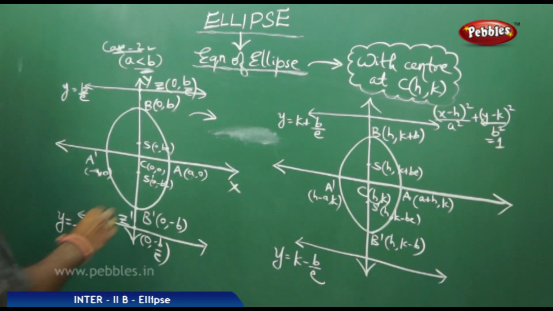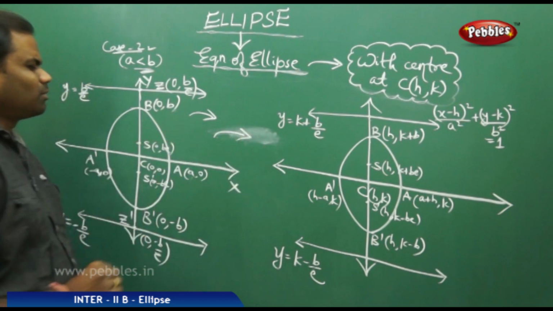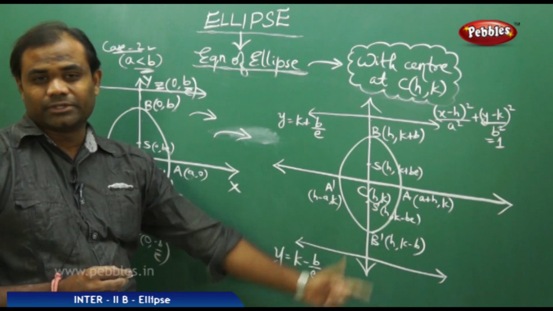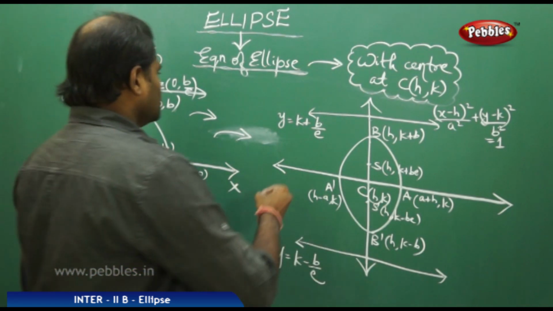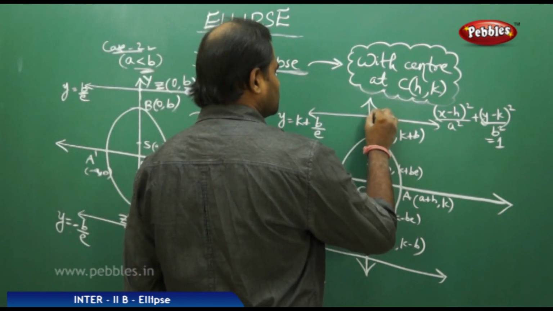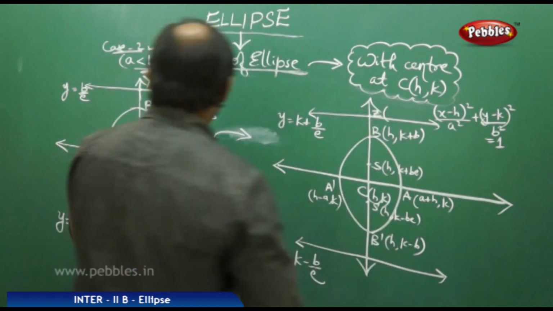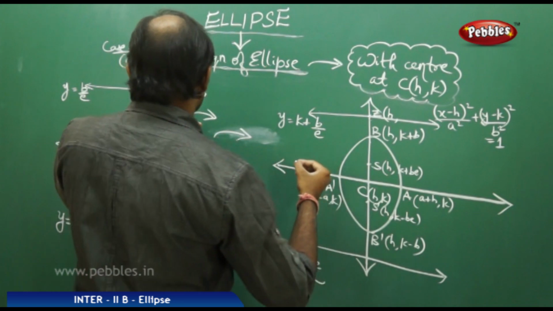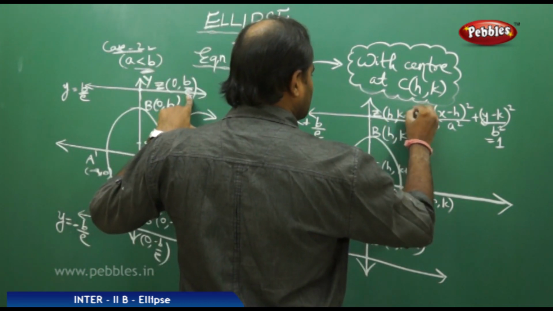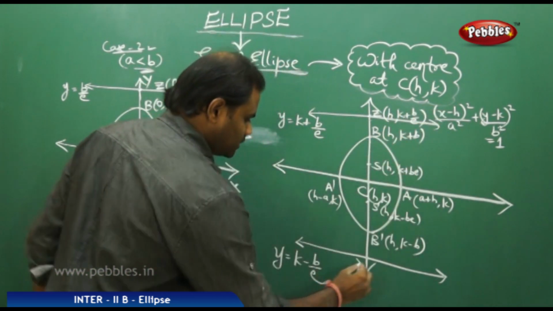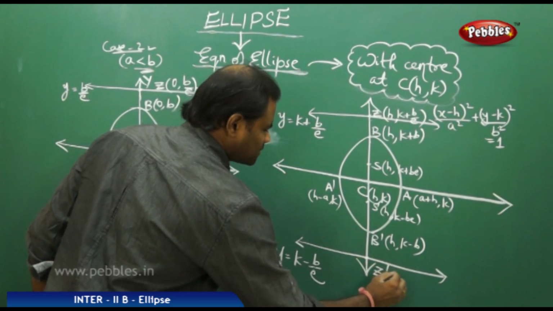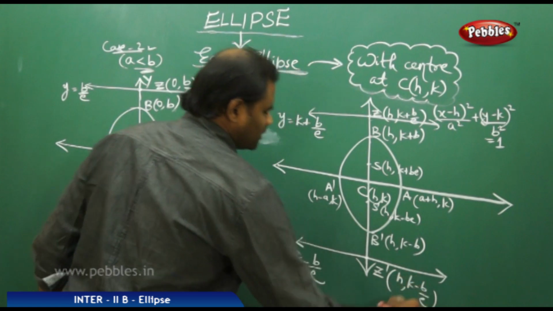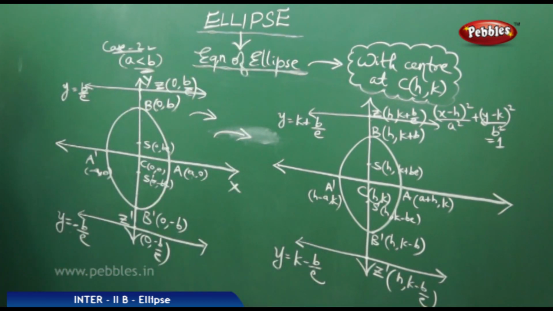This is how I see each of the properties getting transformed from the standard form to the transformed equation of the ellipse. Similarly, my Z, which is given by the coordinate (0, b by e), becomes (h, k plus b by e), and here my Z dash is (h, k minus b by e), strictly obtained from here.